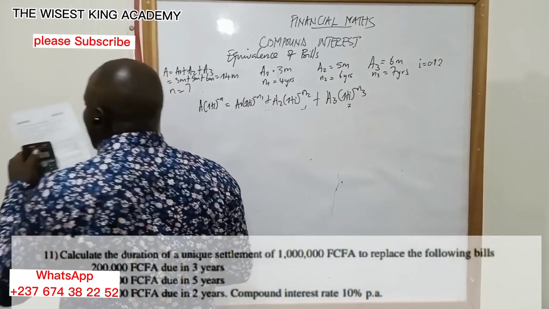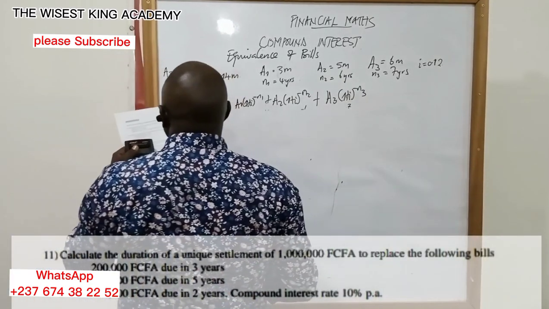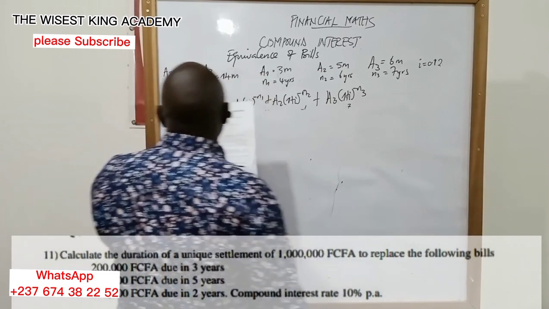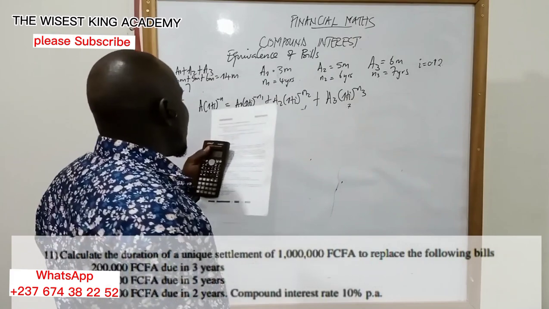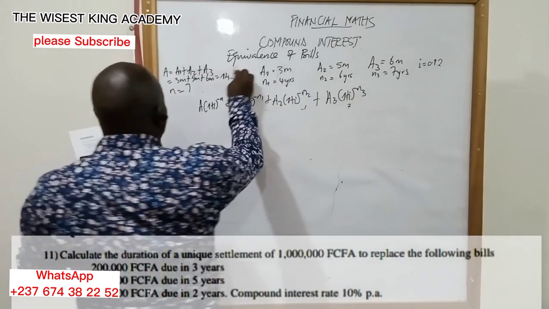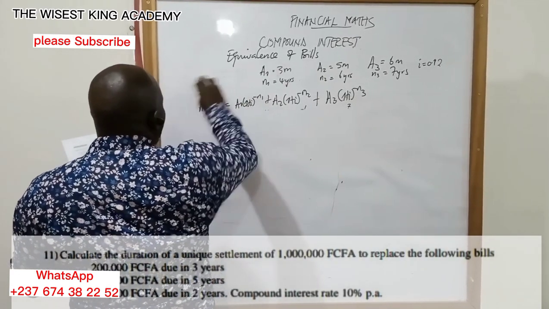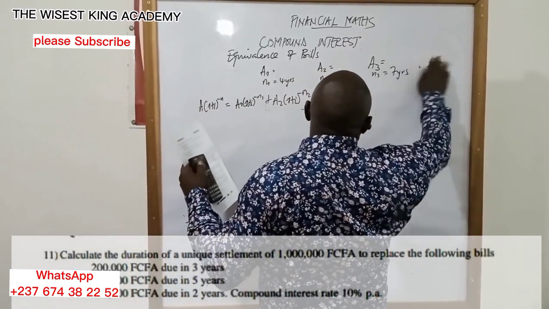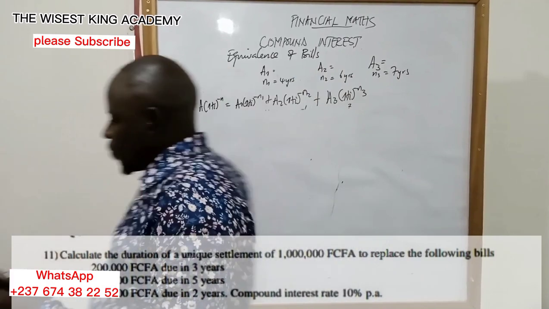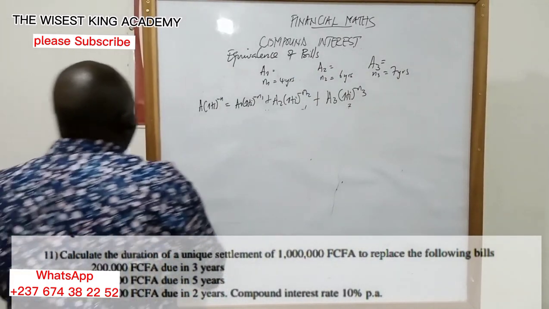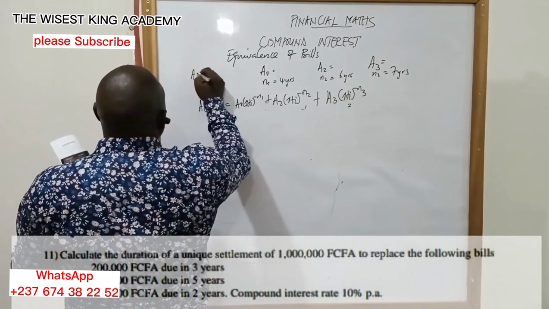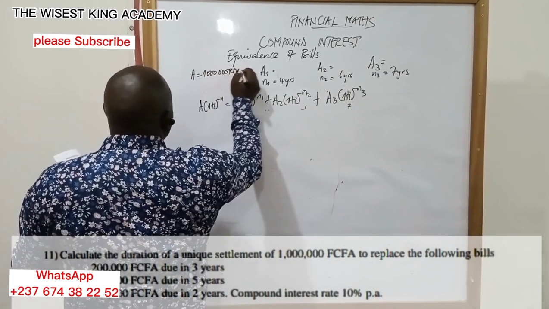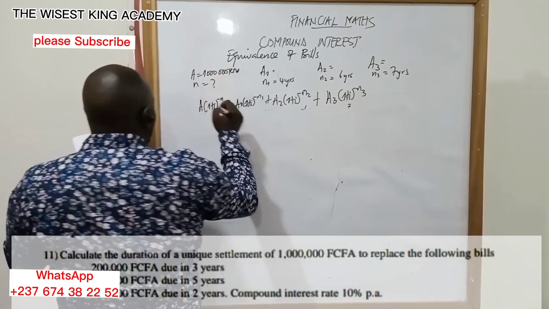Calculate the duration of the unique settlement of 1 million francs to replace the following bills: 200,000 francs due in 3 years, 300,000 francs due in 5 years, 100,000 francs due in 2 years. So A is equal to 1 million francs, but n we don't know.